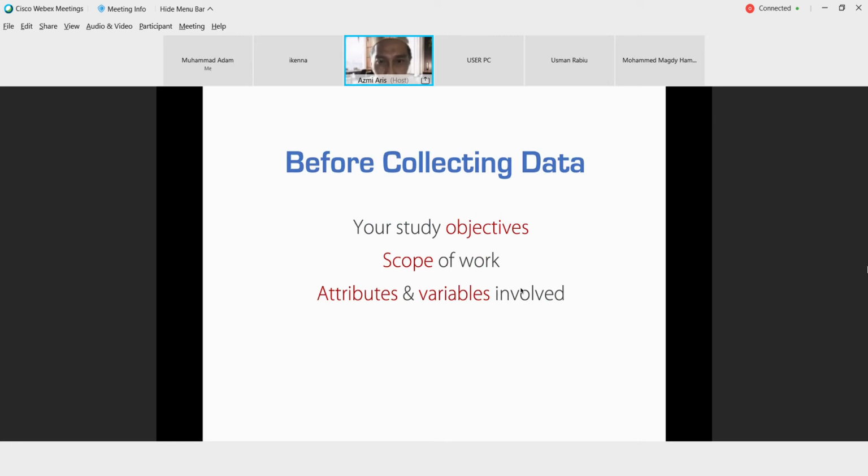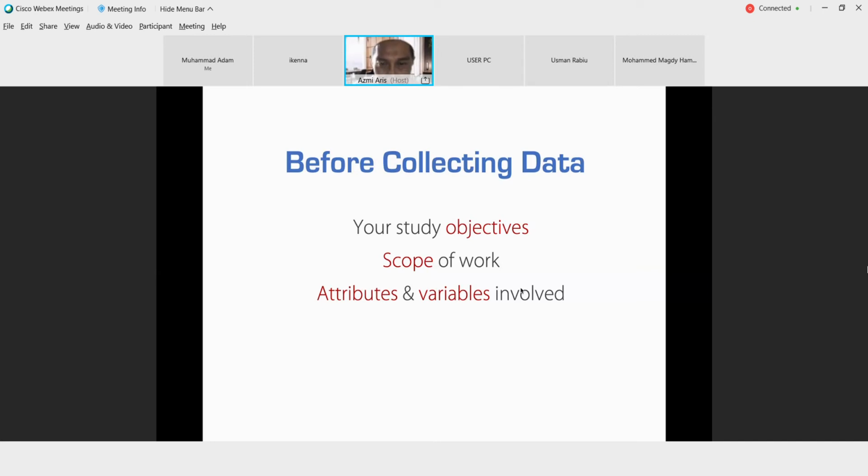And then you know your objective, you know the scope of your work. You also need to identify the variables or the attributes that are involved in your research work. These are the variables that you need to solve in your experimental work, survey work, or whatever.